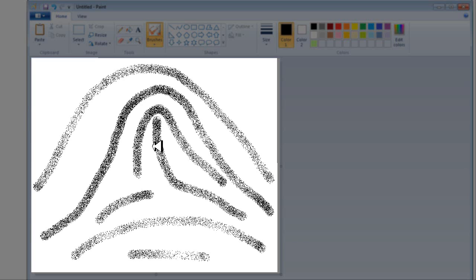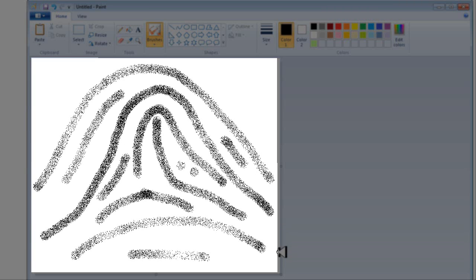And I have the upthrust and the ridges that are forming the tent. And I can put dots in there. That would be the tented arch pattern.